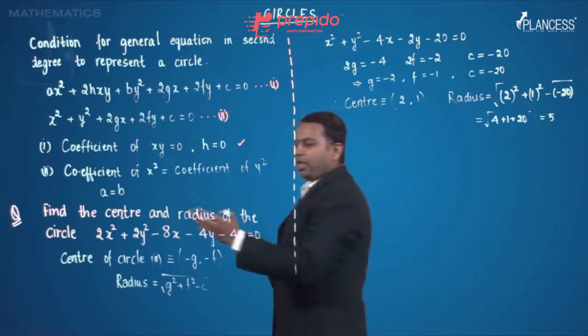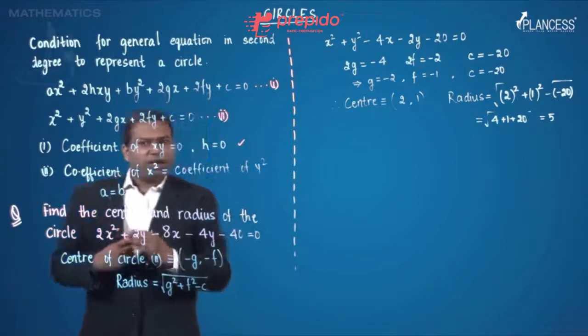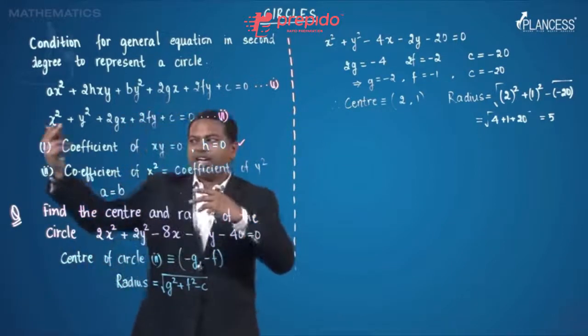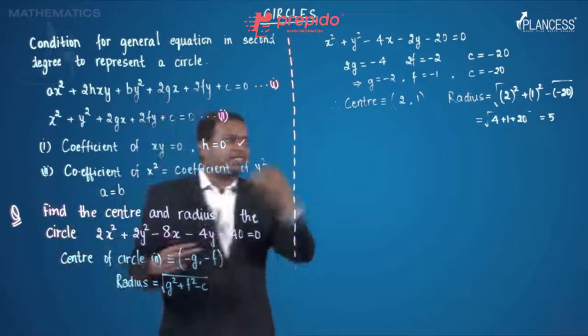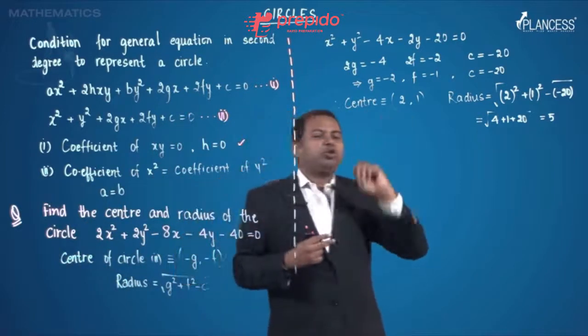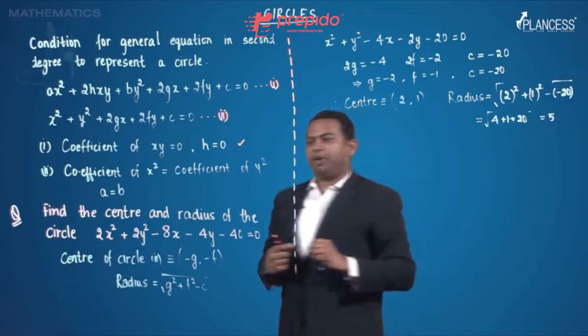So we found that this equation represents a circle because it satisfies these two conditions, and the center and radius are 2 comma 1 and 5 respectively.